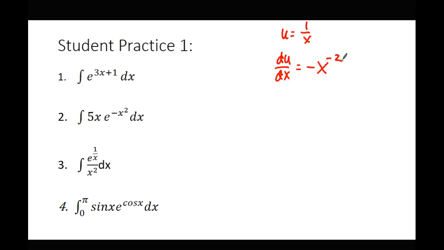Okay, so there's our derivative, right? Because this can be rewritten as x to the negative 1. You multiply your negative 1 to the front, you take 1 away from there, right? And then we're going to get the dx by itself. Okay, then we come back over here to this thing.